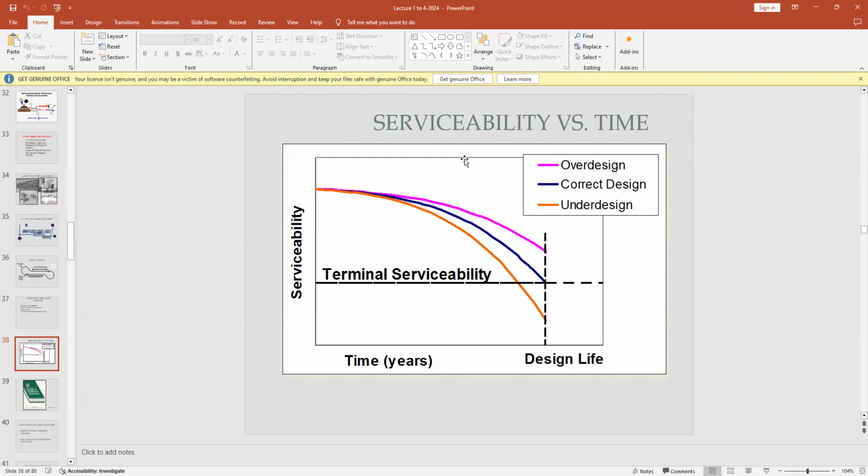The second one, the black or blue line, is what we call a correct design. The pavement failed exactly at the time you designed for. And the orange line, unfortunately, you can see had crossed its terminal serviceability much before its design life.